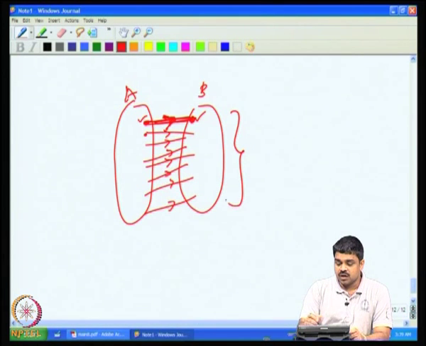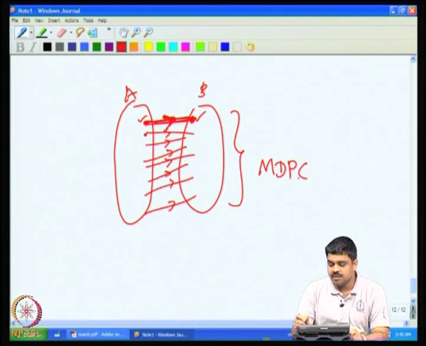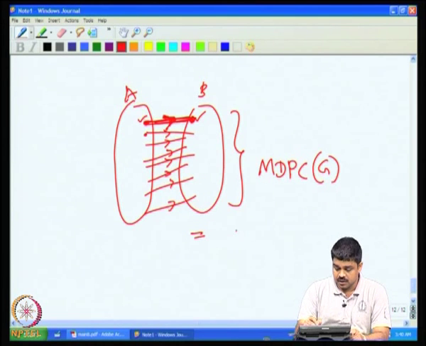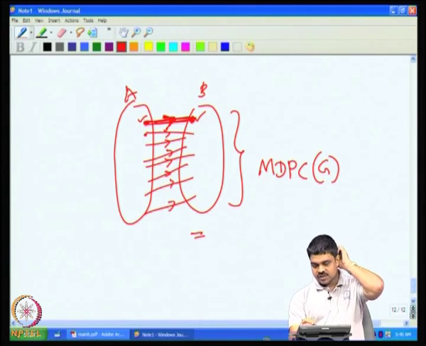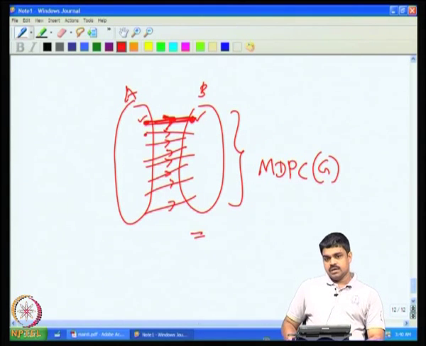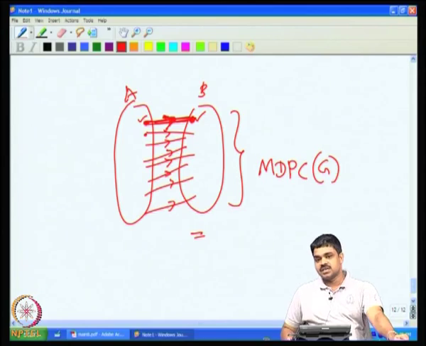Now if you ask what is the cardinality of the minimum directed path cover of this bipartite graph, we will immediately be able to say that it will be equal to the number of paths of length 2, that means paths with exactly 2 vertices, plus, for the remaining vertices, singleton paths.